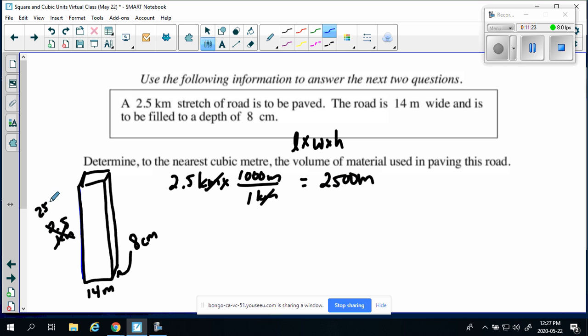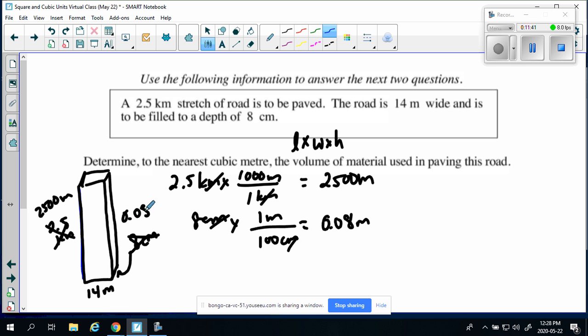So 2,500 meters. And then the 8 centimeters, I'm also going to convert to meters. 100 centimeters in a meter. So 8 divided by 100 is 0.08 meters. And now that they're all in meters, then we can multiply them. And it turns out that this is the right choice to convert them to meters because the final answer they wanted in cubic meters.